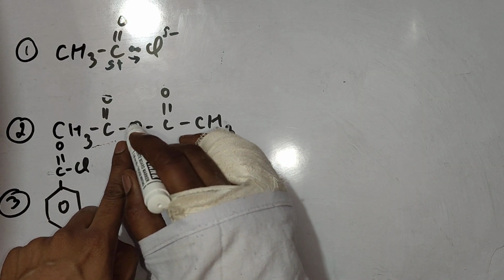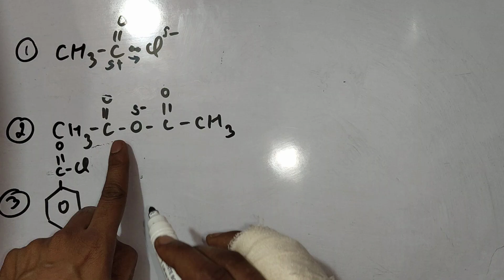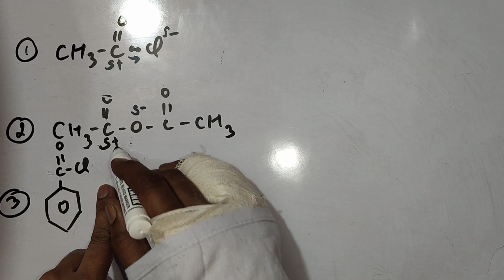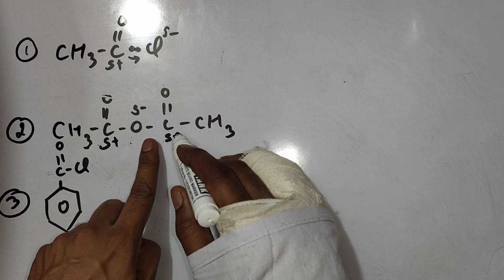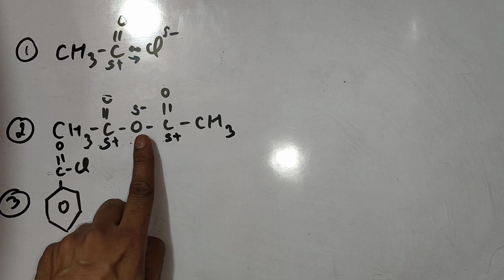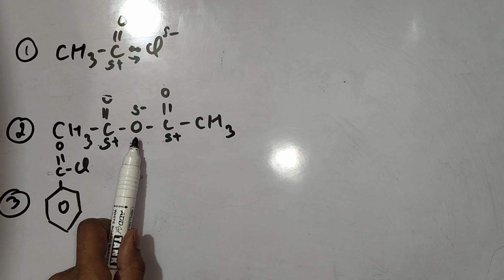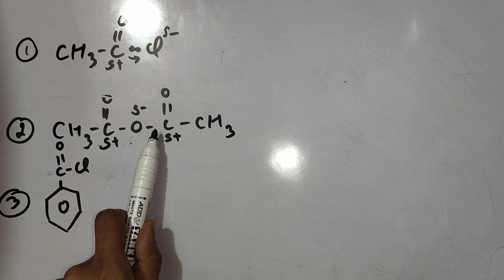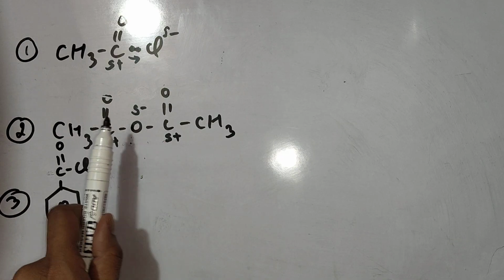Similarly here, this oxygen is carrying negative charge and this carbon is carrying positive charge. This also carries positive charge. But because this acetic anhydride is symmetrical, meaning the left-hand side of this oxygen has a COCH3 group and the right-hand side has a COCH3 group, it's a symmetrical acetic anhydride.